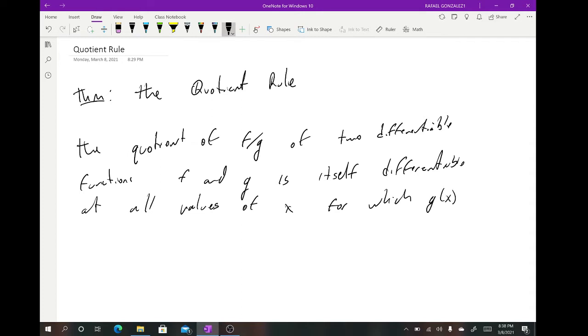This should come as no surprise. So for which g of x is not equal to 0, because we cannot divide by 0, so the derivative will exist so long as the denominator is not equal to 0.